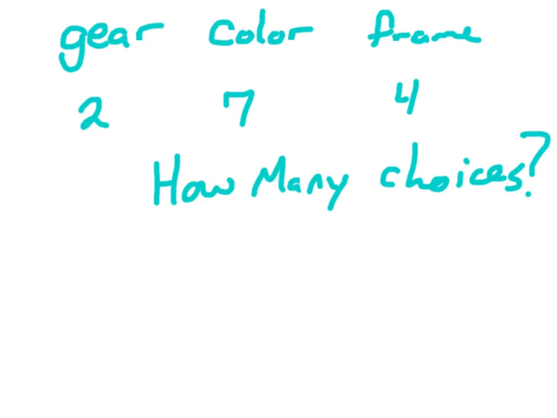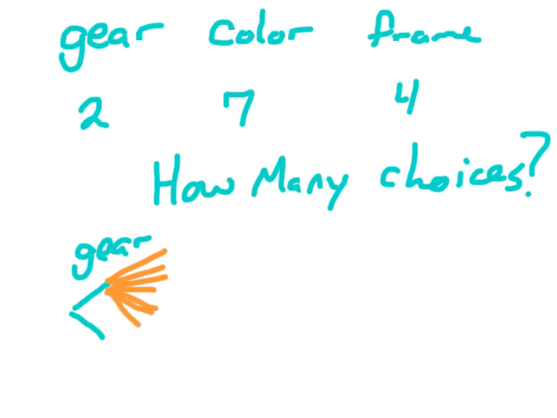So, of course, we could think of it like this. You could try to draw out a little tree. Here you've got to make a first choice. You've got to pick your gears. So you're either going to go with the 5-speed, or you're going to go with the 10-speed. But then once you've done that, you've got 7 possible options here. You could go 1, 2, 3, 4, 5, 6, 7.